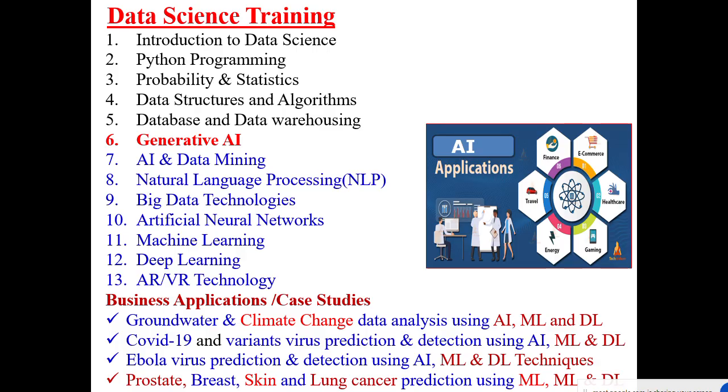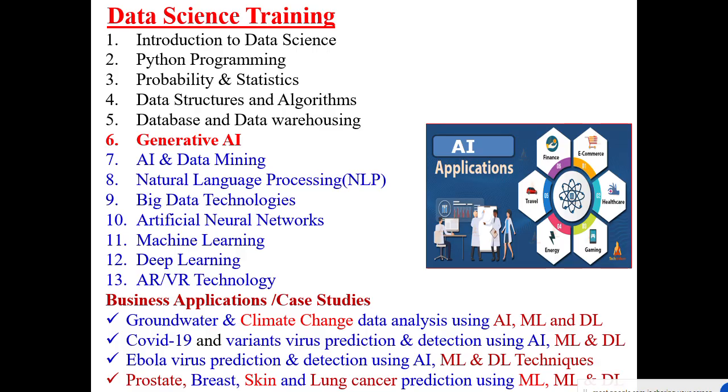Then there are four case studies, four projects I am going to demonstrate for you for the internship. So four papers, four projects, four codes, four PowerPoint presentations I am giving to you, because you are the first candidate to join this internship.